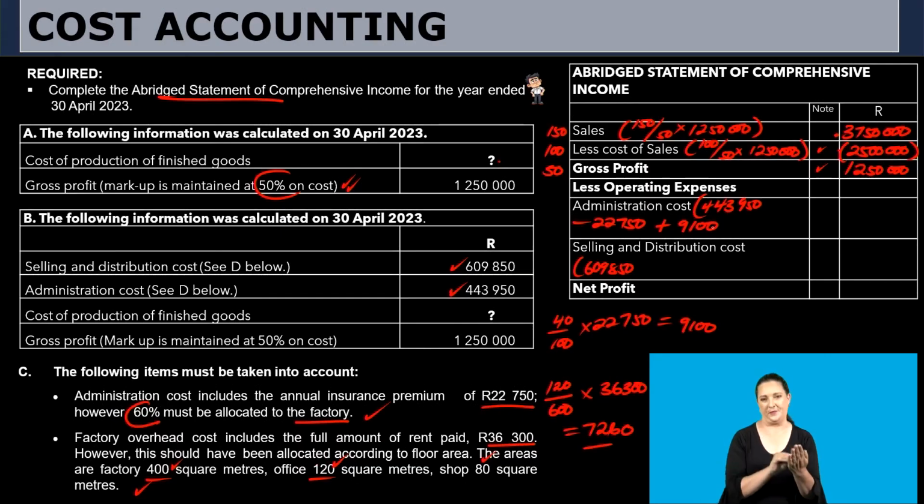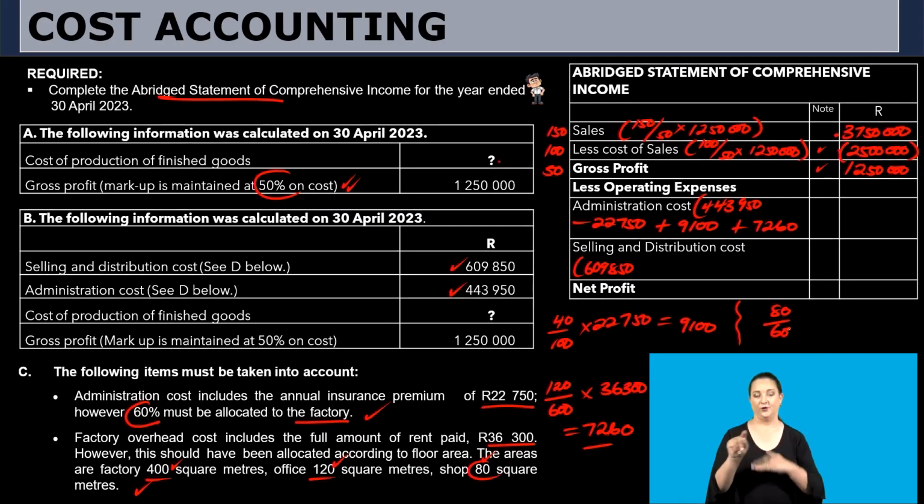The 7,260 is what will now go onto your office. We're talking administration. So we'll come here and we say plus 7,260. And we are now left with the remainder, which is 80. So remember, it is 80 over 600. Multiply that by 36,300.